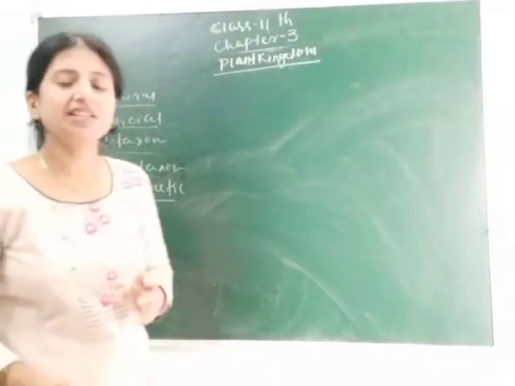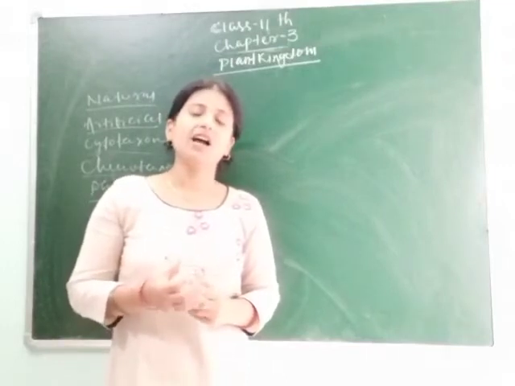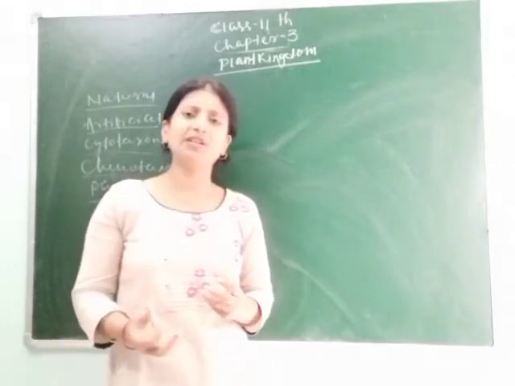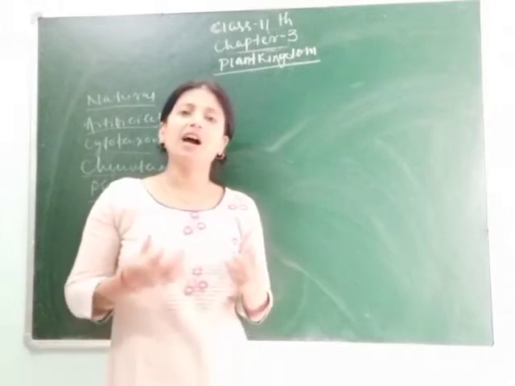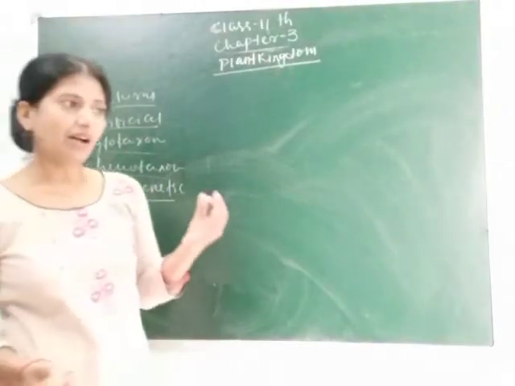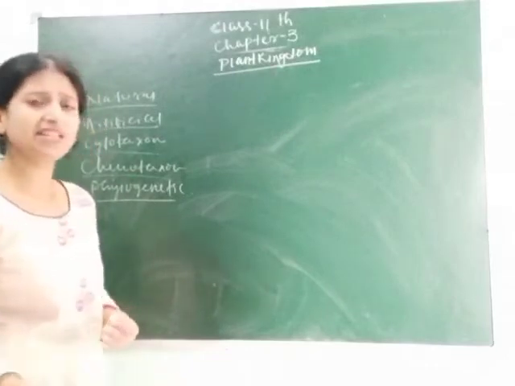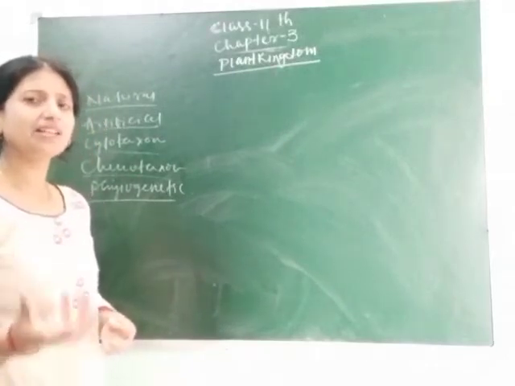In natural classification, we already know how plants are divided, depending on their morphology, anatomy, physiology, etc. What type of flower they bear, what type of root they have, how their morphology looks, whether they are branched, climbers, creepers, etc. In the artificial classification system, we saw their vegetative characters, their androecium, their gynoecium, where the reproductive organs are present, how many ovules, how many petals, how many sepals.